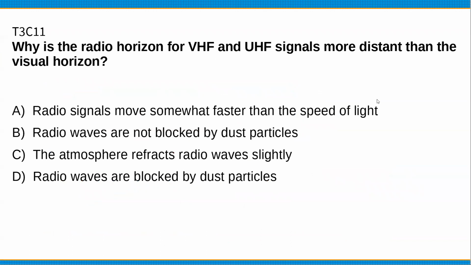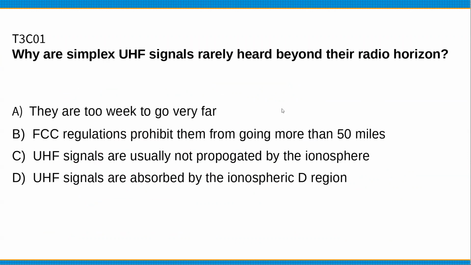Okay, why is the radio horizon for VHF and UHF more distant than the visual horizon? Okay. Why are simplex UHF signals rarely heard beyond their radio horizon? So what they're referring to is you're not going through a repeater. You're talking on the same frequency as somebody else with another radio.